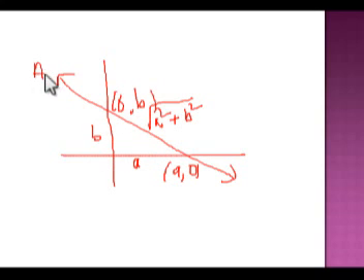Now I'm taking any point, and this is x, y. Now this is the general point.